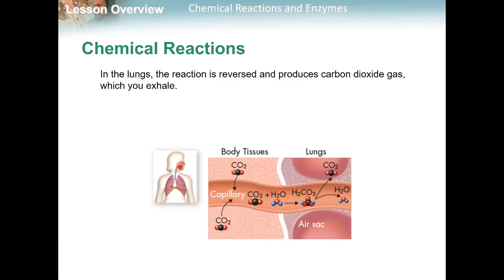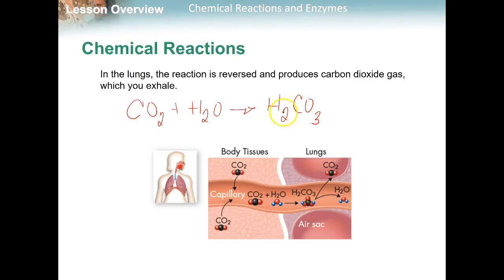So in the lungs, the reaction is reversed and produces carbon dioxide gas, which we exhale. That's one of the things I did not mention in that last PowerPoint slide. So our carbon dioxide plus our water produces the H2CO3.